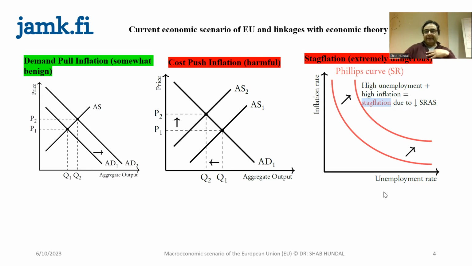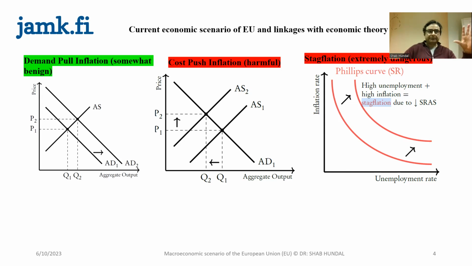And you can see here that when there's an arrow up, it shows that for the same amount of inflation, the unemployment increases, or for the same level of unemployment, the inflation increases. So in other words, there is a rise in both inflation and unemployment. And I think the EU is actually experiencing exactly this situation, because if it was purely demand pull inflation, then people should not have been becoming unemployed.